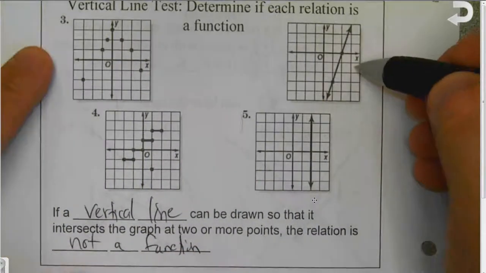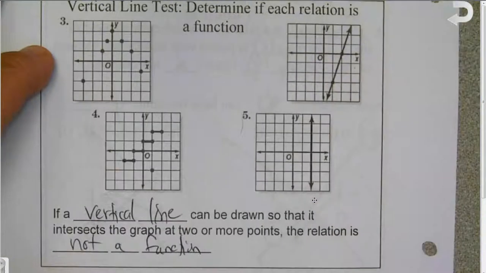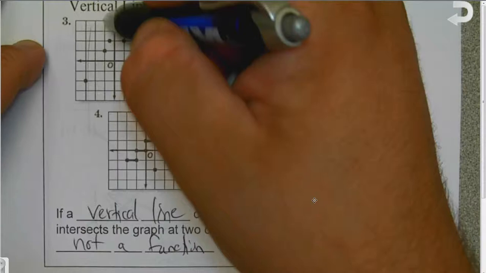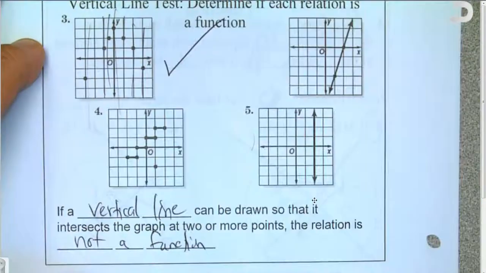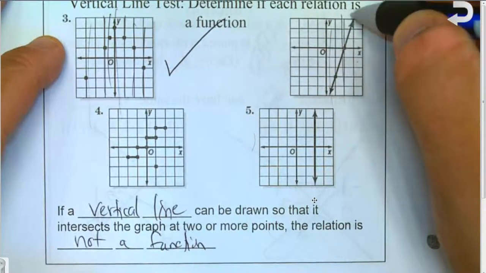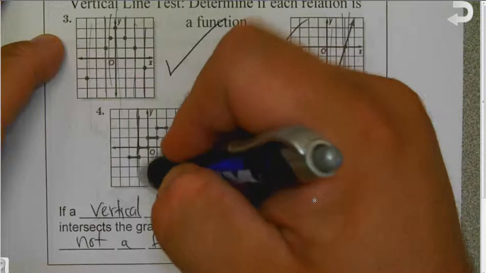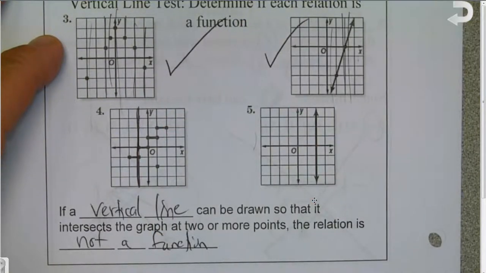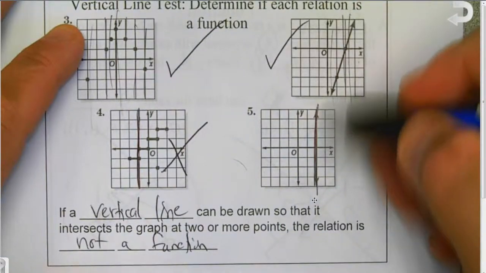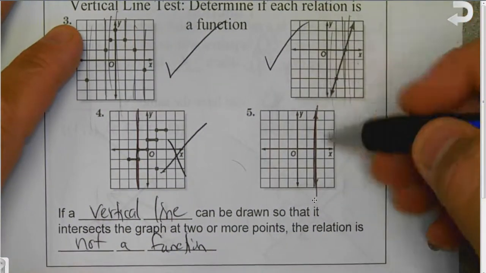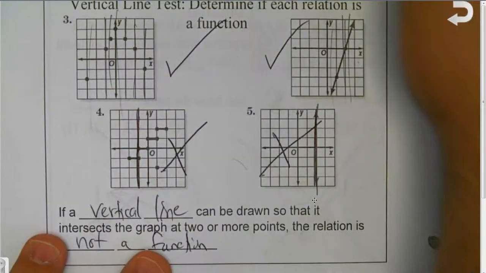Well, in the top two, the answer is no. I don't hit more than one point at any one time when I draw vertical lines through the points. I always just hit one point. So this is a function, and that's a function. But what happens here? I hit 2 points, not a function. What happens here with a vertical line? Well, I'm hitting a whole bunch of points, not a function. Okay?